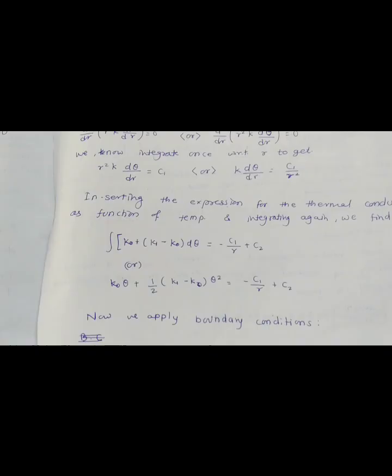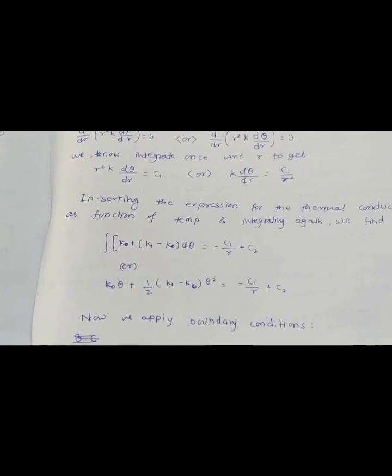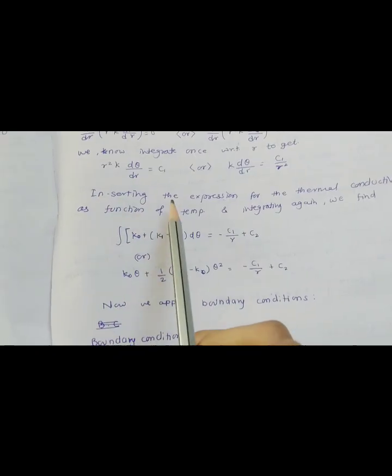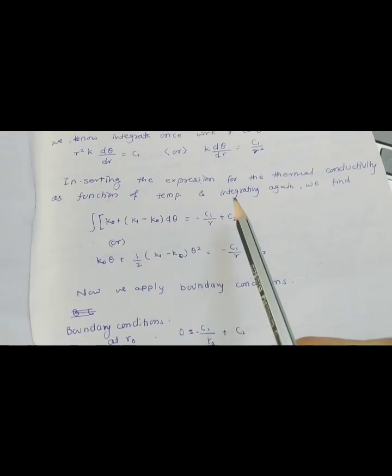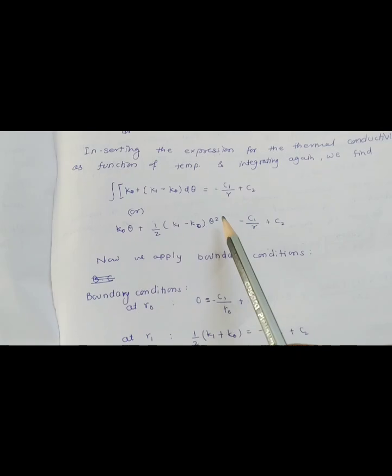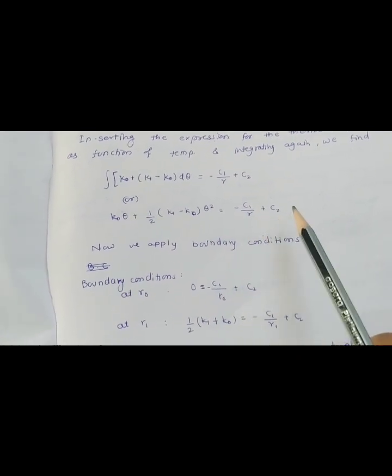So let's understand why we integrate here. Inserting the expression for thermal conductivity as a function of temperature and integrating again, we find K0 theta plus half of K1 minus K0 into theta square is equal to minus C1 by R plus C2.